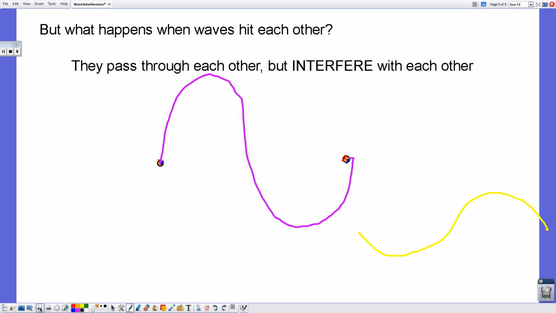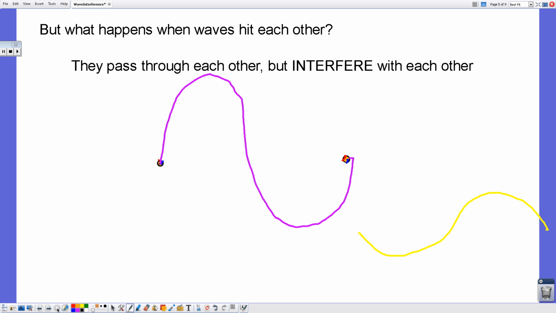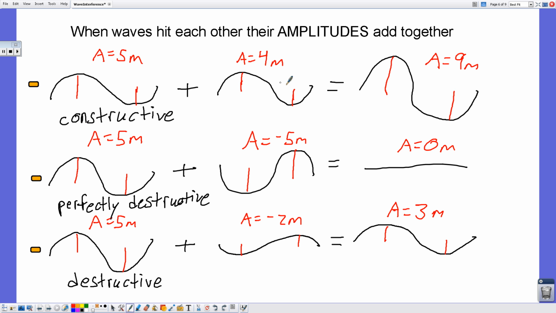So, what do we care about? We care about the fact that when waves hit each other, they pass through each other, but interfere when they're in the same spot at the same time. They can either add up together in constructive interference, or they can subtract from each other. They can be destructive.